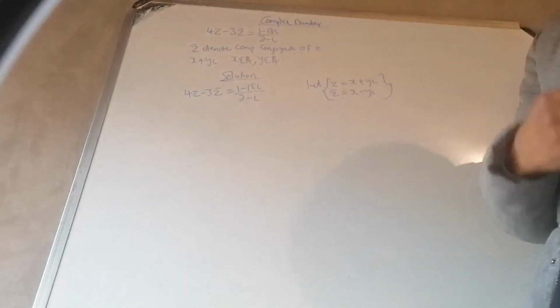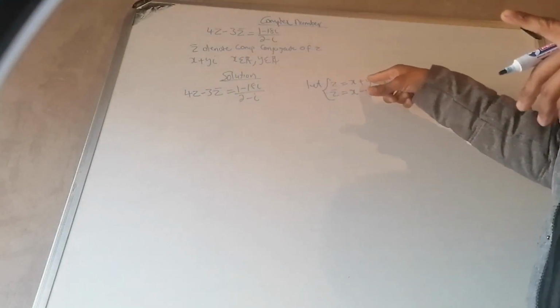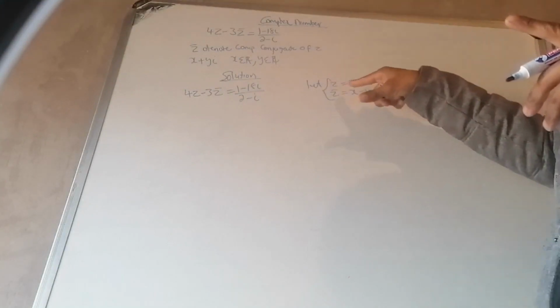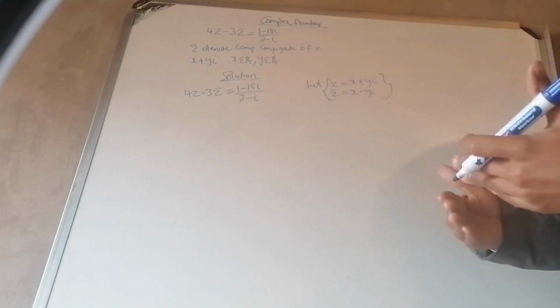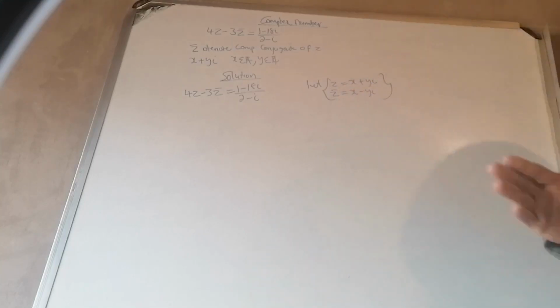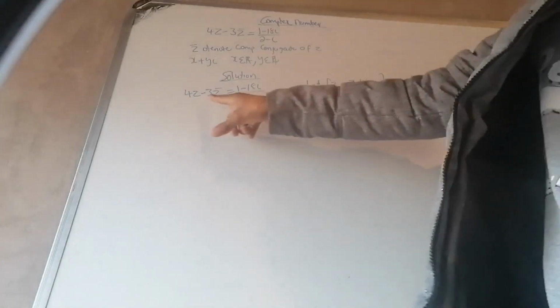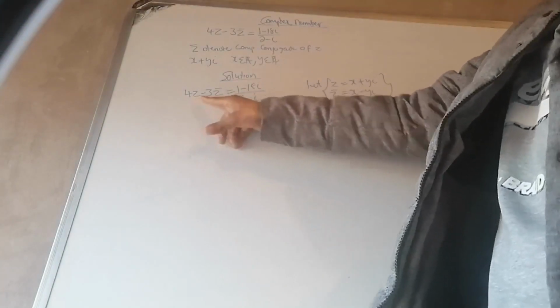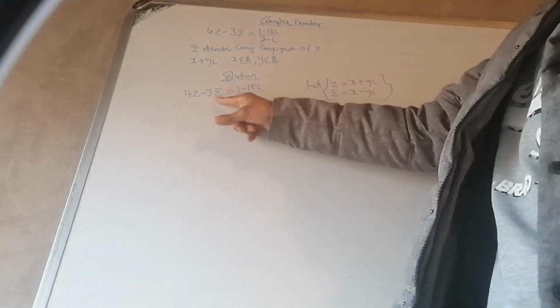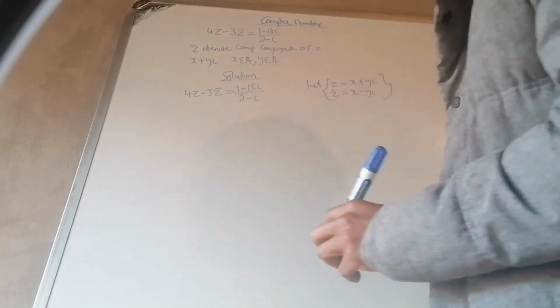That should give me the idea to let z be x plus yi, where the complex conjugate z bar is x minus yi. We all understand that. Then in this equation, where I see z, I will write that, and where I see z bar, I will substitute this. This is one most important thing.